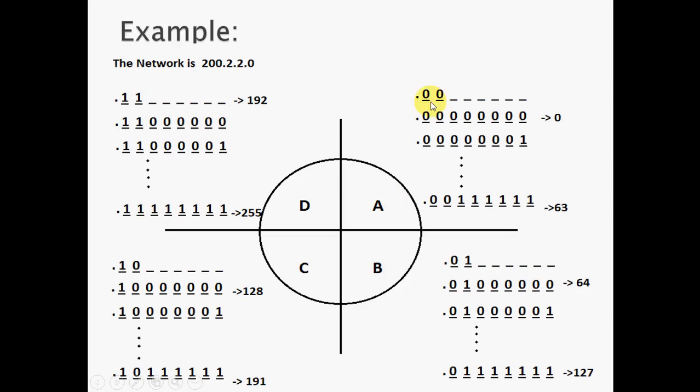So the starting bits for the given subnets are 00 for A, 01 for B, 10 for C and 11 for D. That is, we have divided the entire network into 4 subnets A, B, C and D. By doing this, we get an IP range: for subnet A from 0 to 63, for subnet B from 64 to 127, for subnet C from 128 to 191, and for the last subnet, subnet D, from 192 to 255.